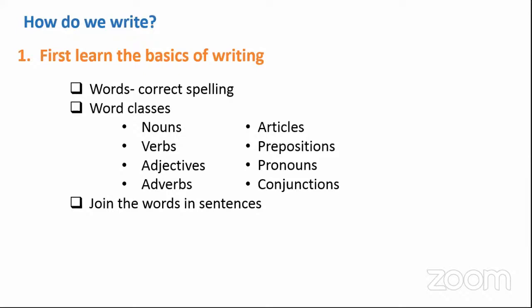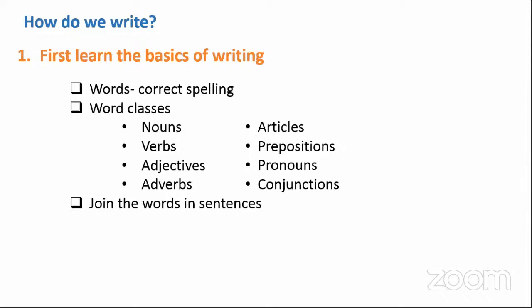So you know your pronouns: he, she, I, my, like that. Then we have conjunctions. We need conjunctions to join sentences. So, and, but, although, though, they are the examples. So, children, we must know what word classes are. Already you have learned them.